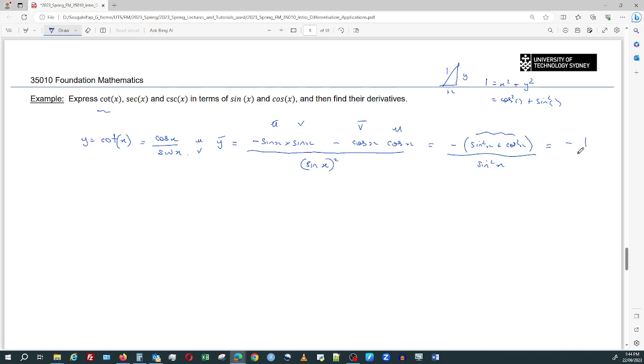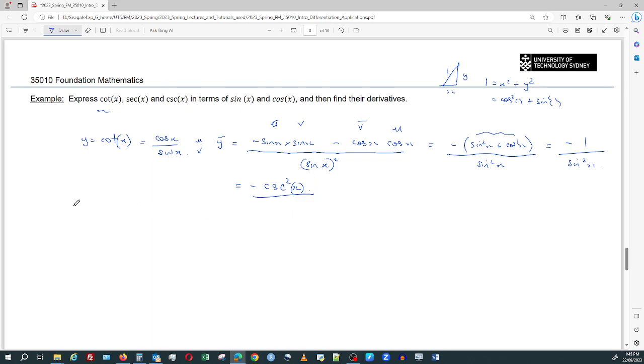One. Wow. And sine squared can be expressed as cosec squared. Wow. All right, so that's fairly straightforward.